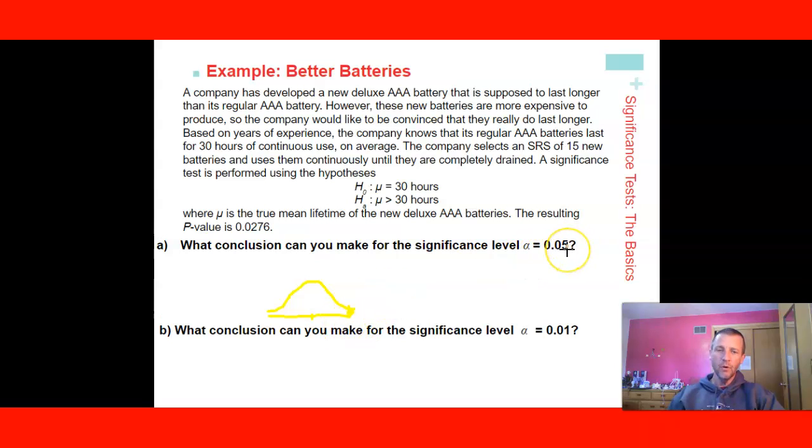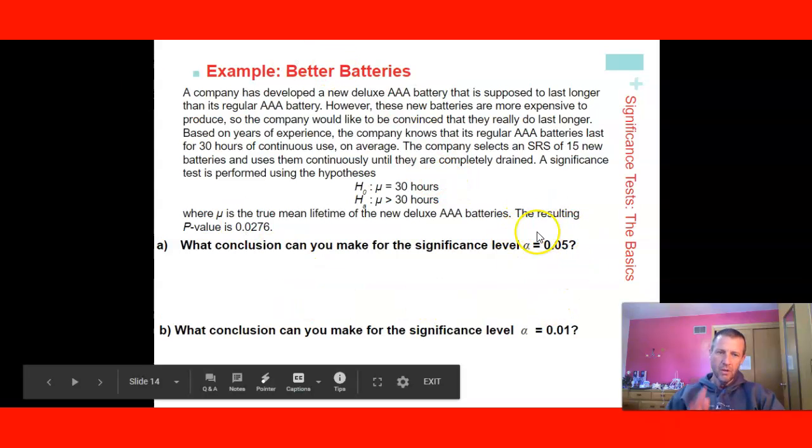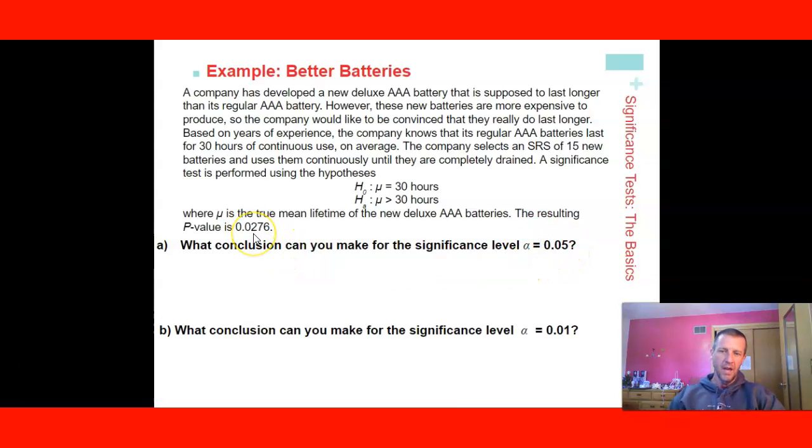If before we started our test, somebody had said, your line for a low p-value is 0.05, you ask, is 0.0276 a low number? Well, compared to 0.05, it sure is.